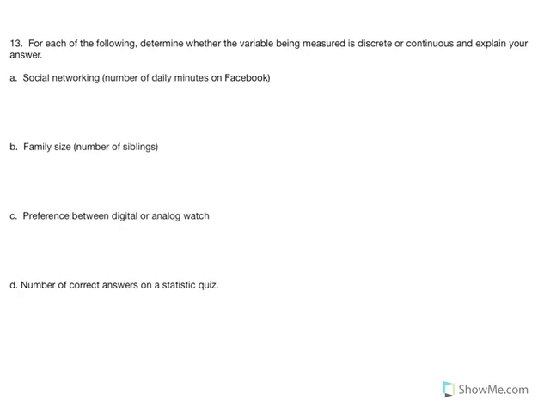All right, for each of the following, determine whether the variable being measured is discrete or continuous, and explain your answer. So from our reading, we've learned the difference between discrete and continuous. Discrete can be thought of as categorical.